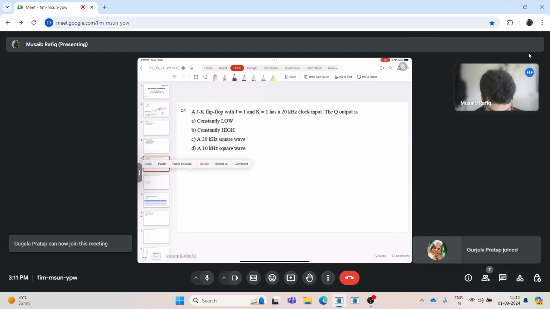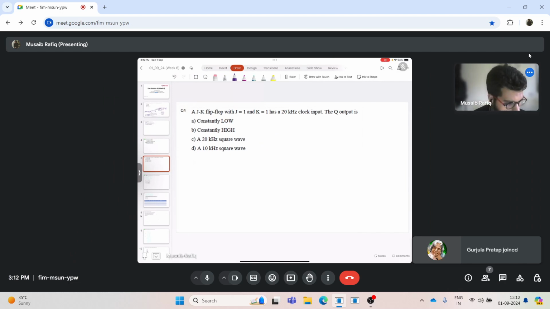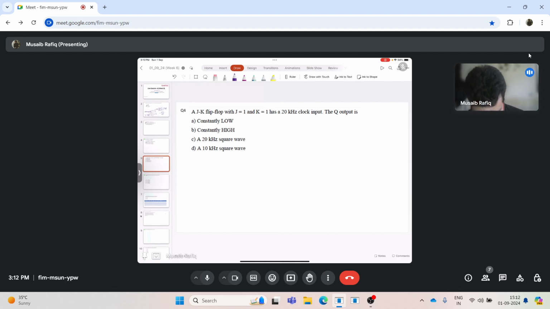Now I have a question. This states that a JK flip-flop with J equal to 1 and K equal to 1 has a 20 kilohertz clock input. The Q output is... So we have a JK flip-flop and we are given the input clock frequency, and we need to figure out what will be the output clock frequency given that my inputs are J equal to 1, K equal to 1.